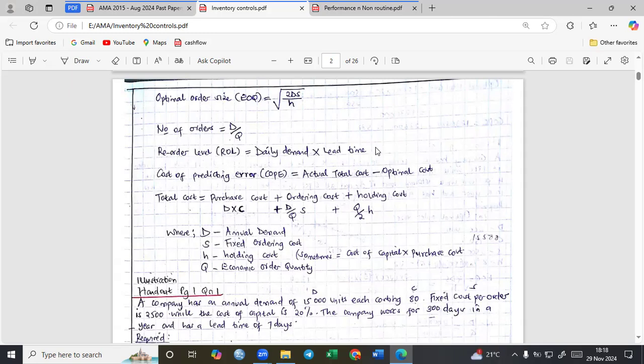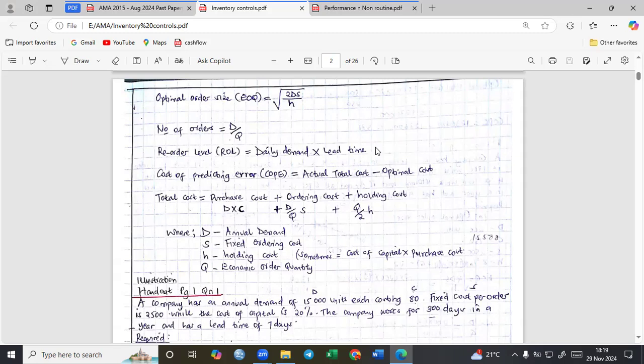Setup cost or fixed ordering cost. Not setup cost, use the word ordering cost. Setup cost is for batch quantity. Sorry, S is supposed to be ordering cost. S is ordering cost. Then H is holding cost. Sometimes holding cost is equal to cost of capital times purchase cost.